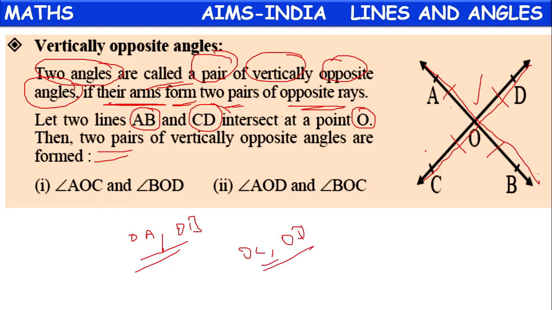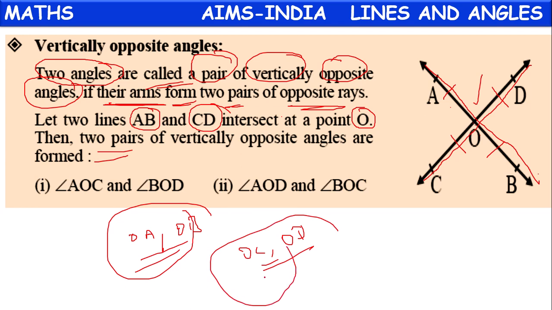So we have got two pairs of opposite rays. Then angle AOC and angle BOD will be considered as vertically opposite angles, and angle AOD and angle BOC. These two are considered as vertically opposite angles.